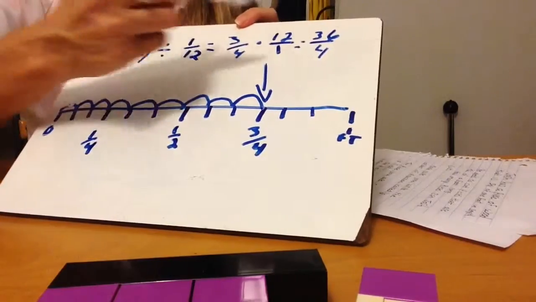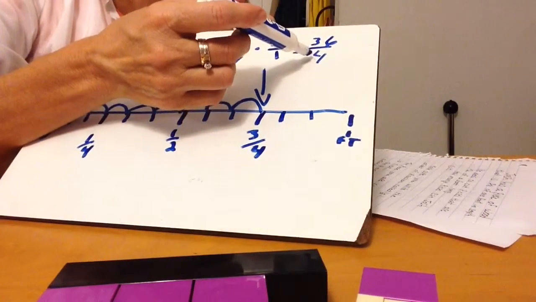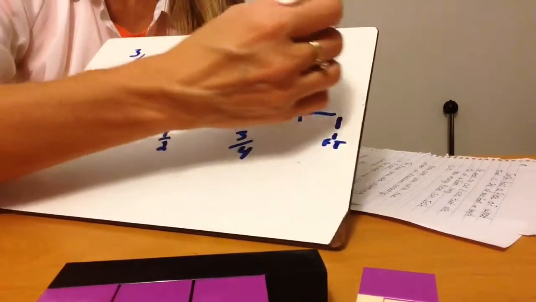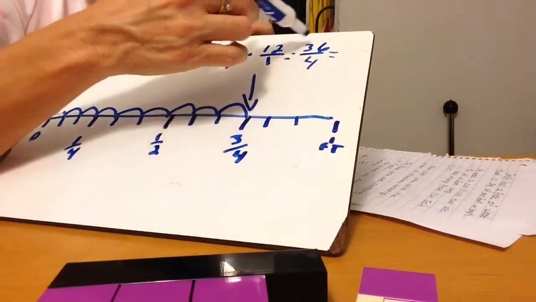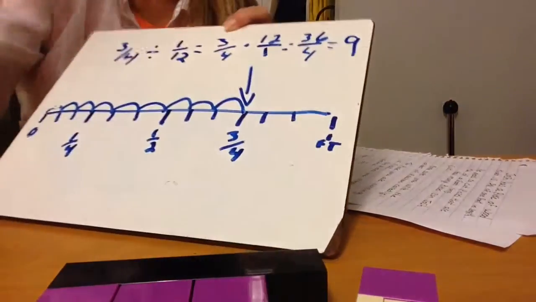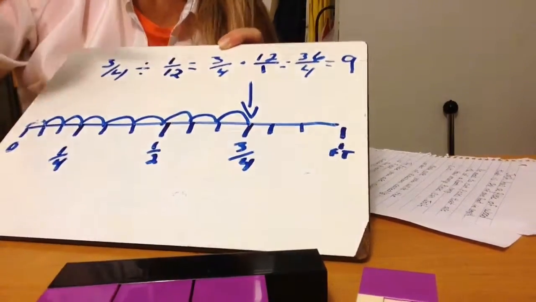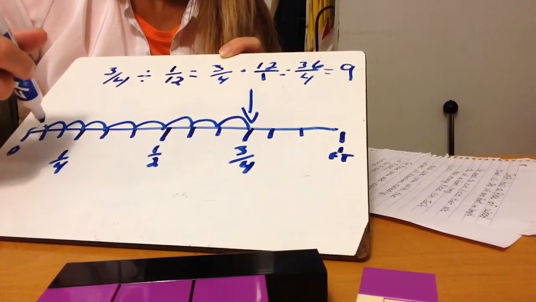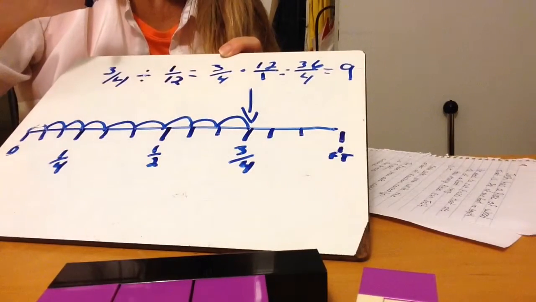So now we have an improper fraction, 36/4. So we need to divide that to make it a proper or a whole number. And that divides evenly, 4 into 36 equals 9. So we have 9 pieces of our wood that is 1/12 of a foot long.